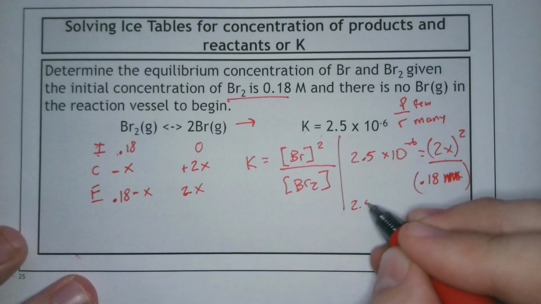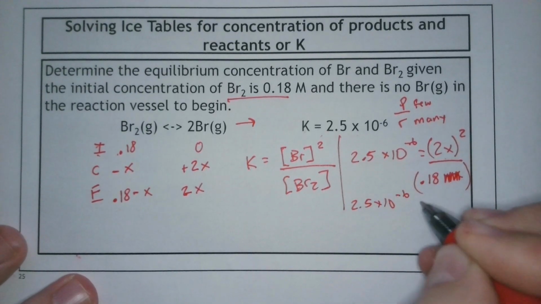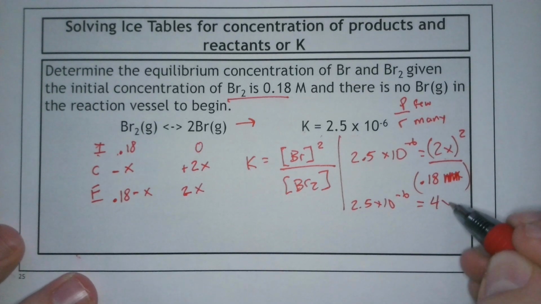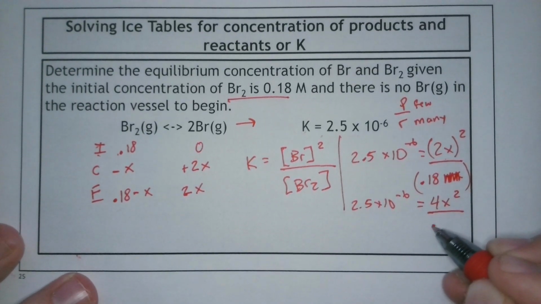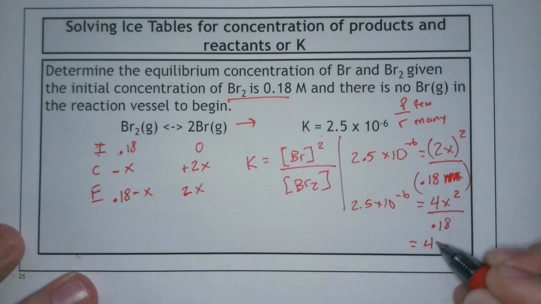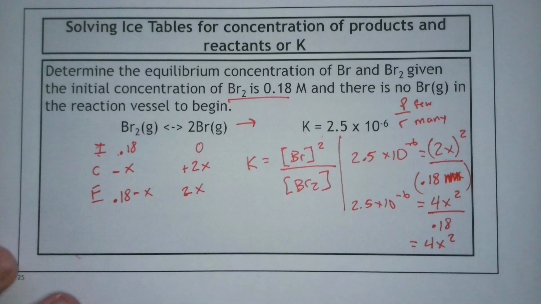So I have 2.5 times 10 to the minus 6 equals 2x squared. Make sure to square both terms to get 4x squared over 0.18. Multiply 0.18 up here to get it by itself. And you end with 4x squared equals this product of 0.18 times 2.5 times 10 to the minus 6.